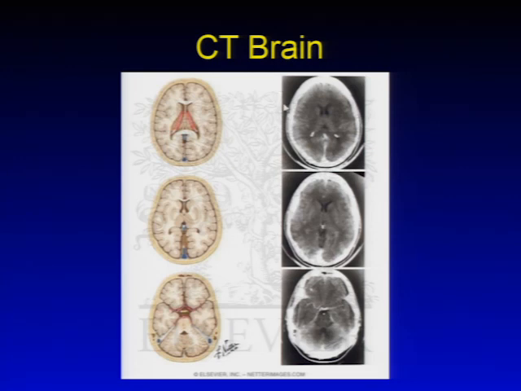Next, we will be reviewing images of the CT of the brain, showing the brain at various levels. And you may appreciate the right and left hemispheres readily on these images.